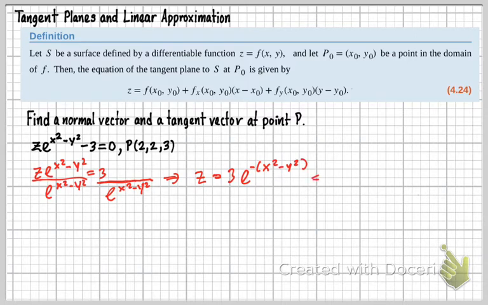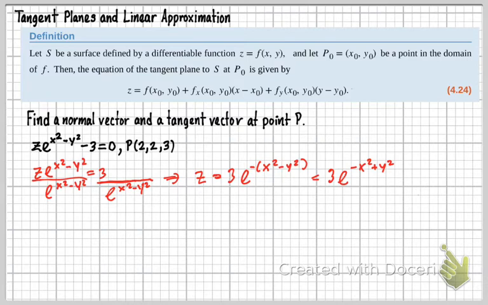And I can simplify it a little more, because this is really 3e to the negative x squared plus y squared. So a little bit of algebra acrobatics here. Now we got it to the place where we had the previous problem at, and we can find z_x.